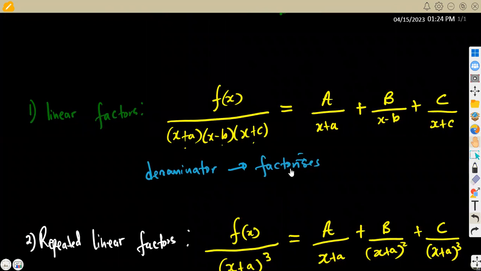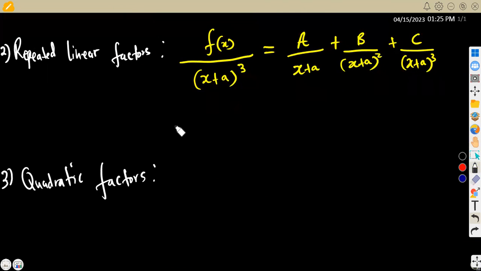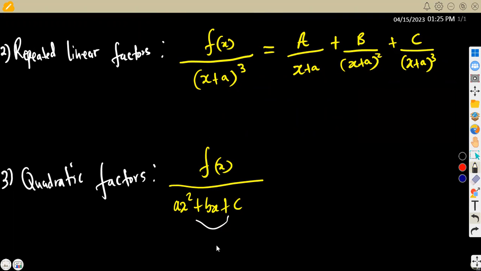But if we have a condition where you cannot factorize the denominator, let's say it's a quadratic expression that we can't factorize, we write our normal quadratic expression ax squared plus bx plus c, which cannot be factorized.